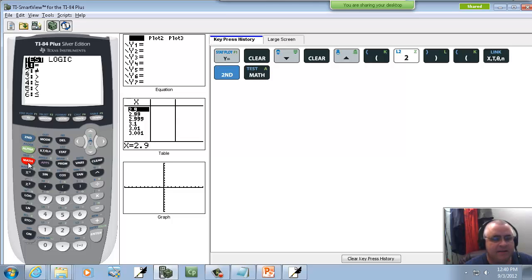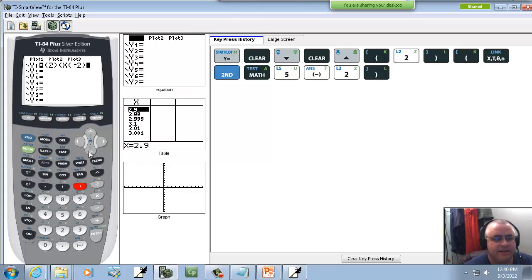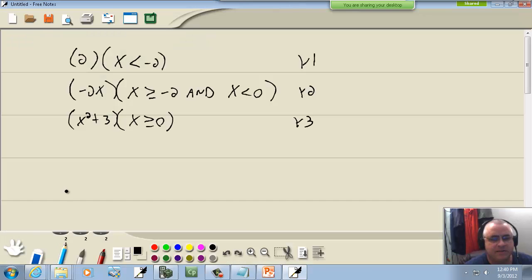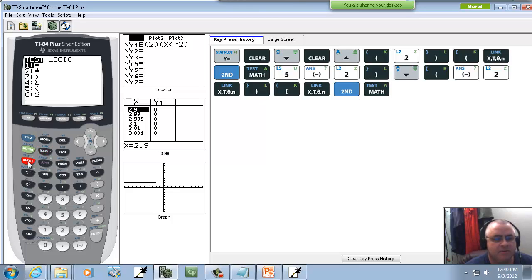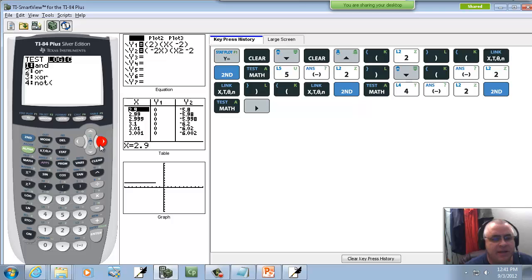Second math, less than is 5, and then -2, closing parentheses, down arrow, beginning parentheses, -2x, closing parentheses, beginning parentheses, x is greater than or equal to -2, so I do x, go to my test menu, greater than or equal to is the fourth one, -2, go back in my test menu, second math, right arrow over to logic, and I want to choose and, which is my first one.